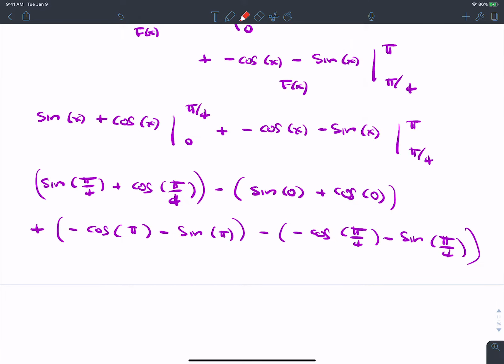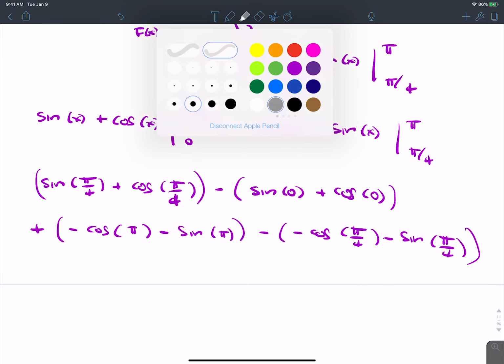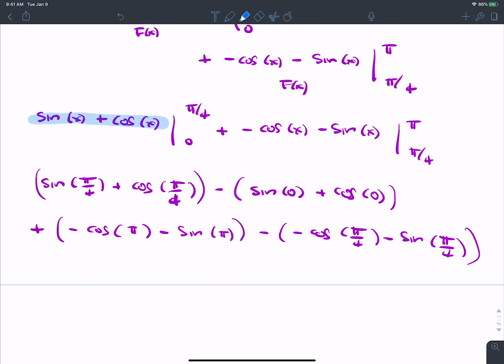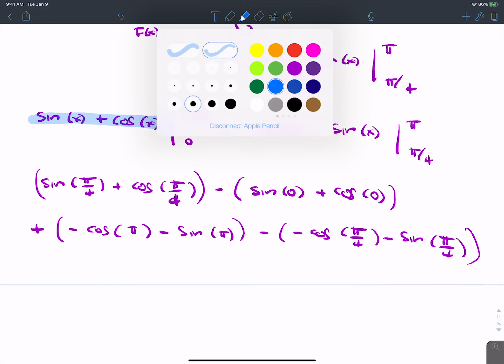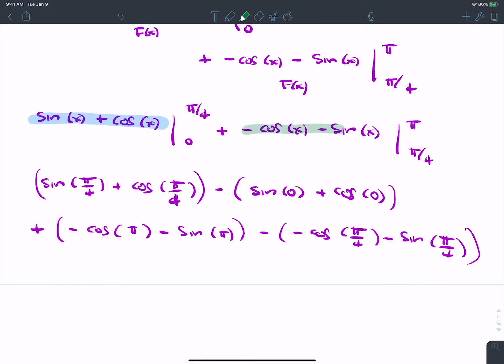So be very careful here if I want to point this out. Here's that first antiderivative. Here's the second antiderivative. Okay? Now the first antiderivative, this is the information for the first one.